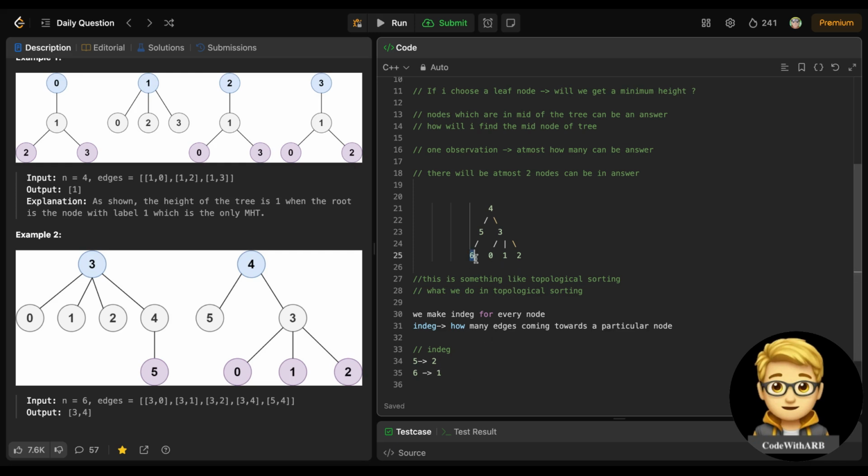And what we'll do in topological sort, we will start from the lower in-degree values and remove those, and again simply remove again and again and find the left part which has my last value, which is like 1 or 2.